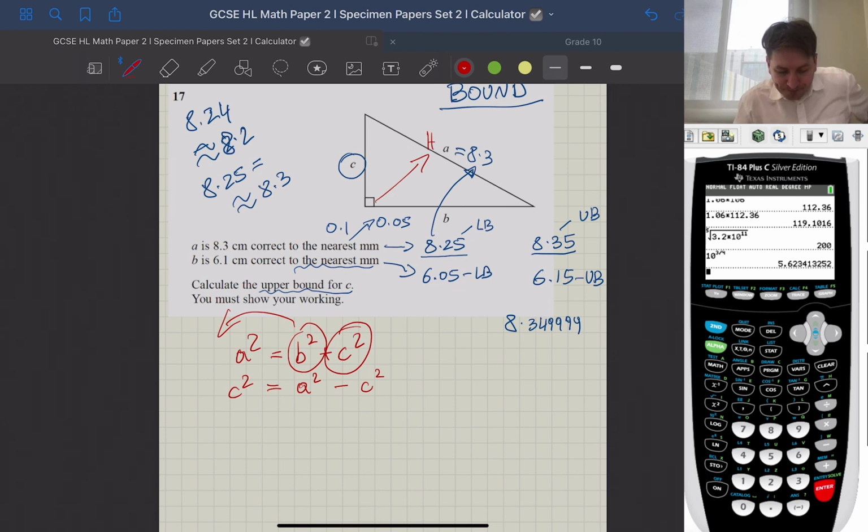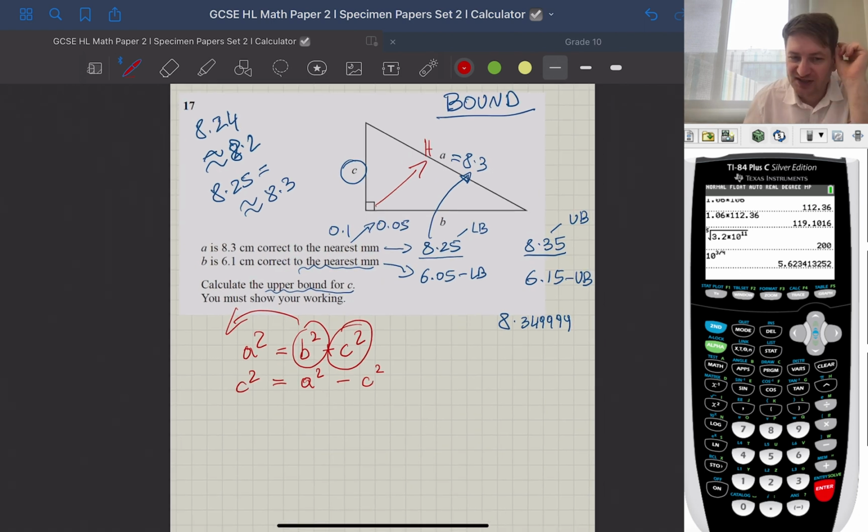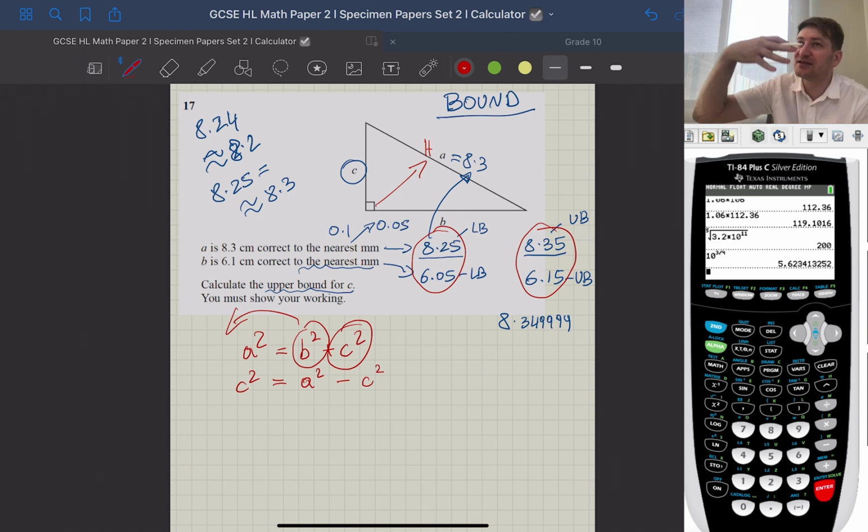Now, if they say calculate the upper bound, that means you are looking for the biggest number possible. All right, so let's think logically what this means. You are subtracting two numbers, but look at the numbers that you have. You have 4 options here. So if I take the smallest number and take away another smallest number, can this give me the biggest possible answer?